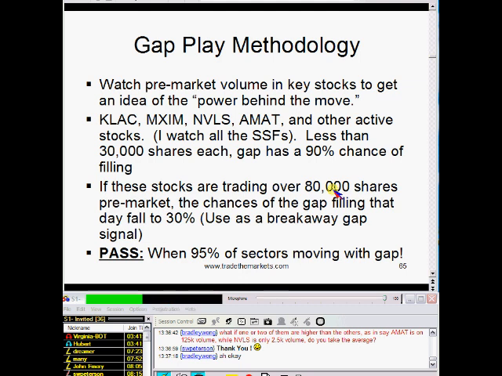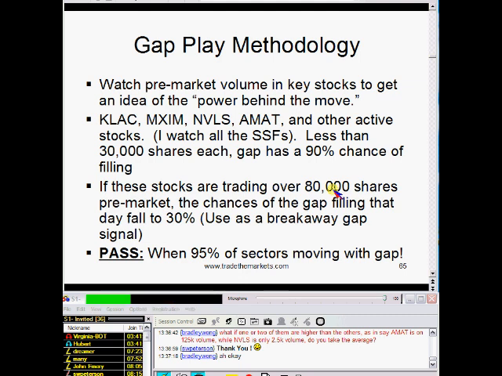Some days you'll hear us talking about the pre-market volume, and we'll be going, okay, we've got low pre-market volume, except Yahoo's trading 600,000 shares. Well, maybe Yahoo is upgraded, or maybe Yahoo had earnings. So we just discount that stock. We want to see what's normal cash flowing into normal stocks without any news on them. So that's the whole key there.